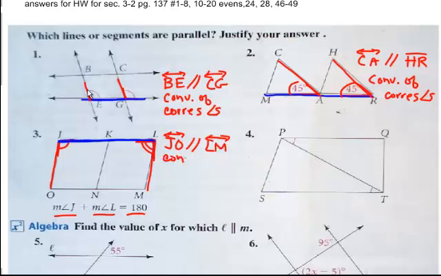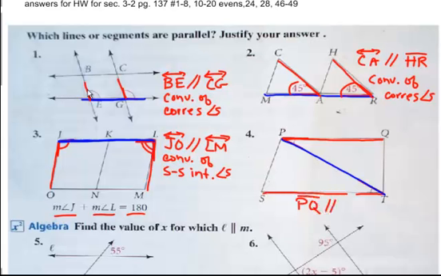Okay, number four. What's marked is angle P. What's marked is angle T. I'm going to identify which one is my transversal. This is my transversal, the one that connects them, which means these red lines, PQ, must be parallel to this line, ST. How do I know?